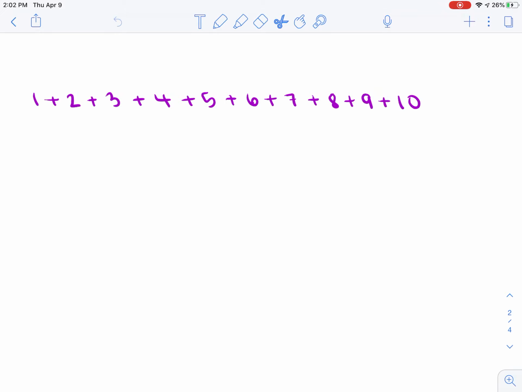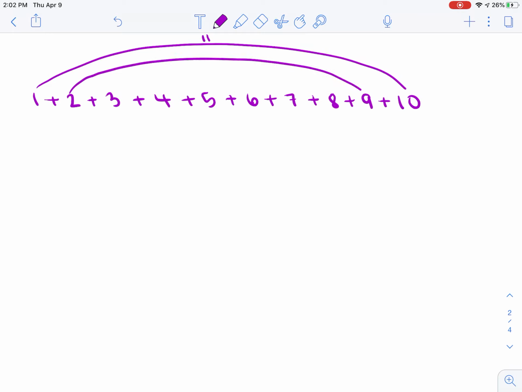If I said add the first 10 digits together, you should see that if you add the first and the last number, you get 11. If you add the second to last number on each side together, you're going to get 11 as well. If you keep going, you keep getting the sum of 11 for all of these different pairs.